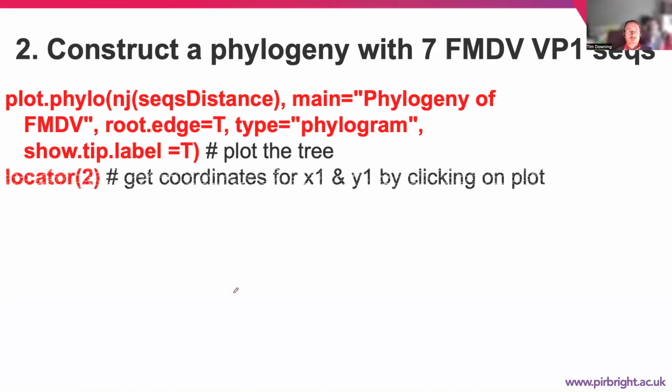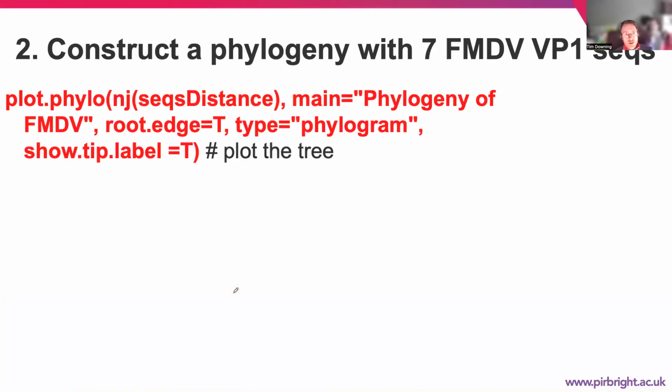We then use the plot.phylo function to visualize a neighbor joining tree, with the NJ function here on seq.distance. So we're putting the distance matrix into the NJ function to create a phylogeny of the FMDV VP1 region. We're adding a root, calling it a phylogram here, and turning off the tip labels for simplicity.